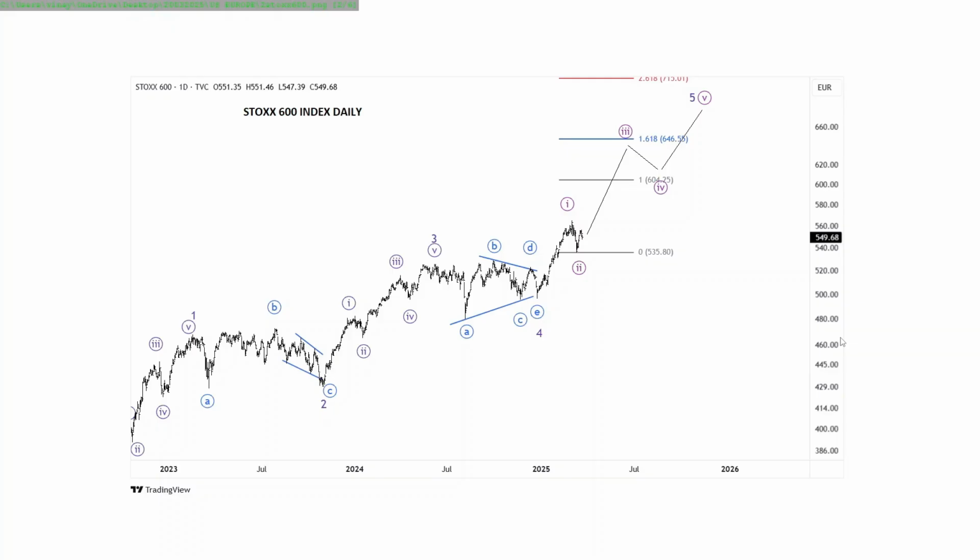The targets for this up move stands at 604 level, and then at 1.618 Fibonacci level at 646 level. So these two targets will be there to watch for any uptick from current levels.